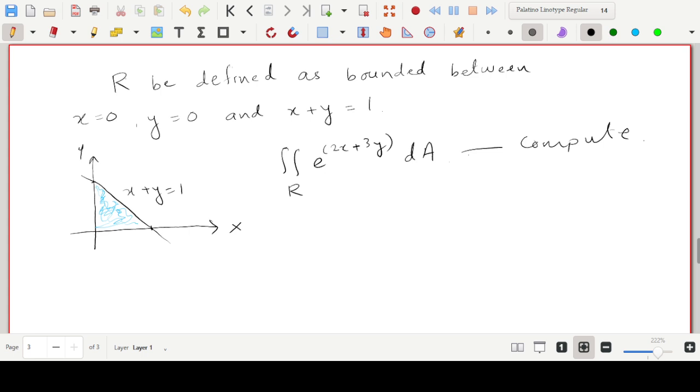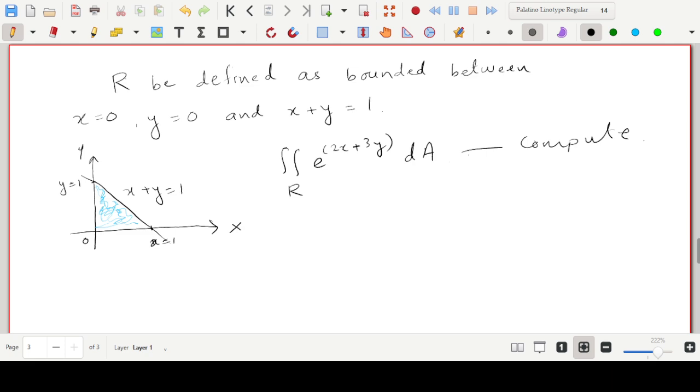Now this is 0, this is x equal to 1, this is 0, this is y equal to 1. So now pay attention, how are we going to define between which two values x will vary and between which two values y will vary.